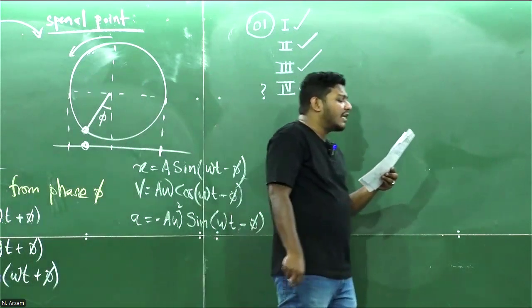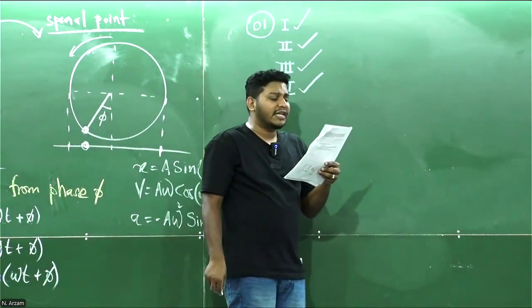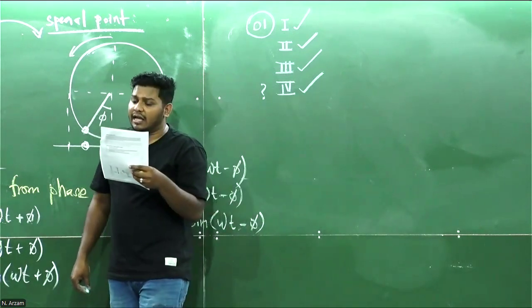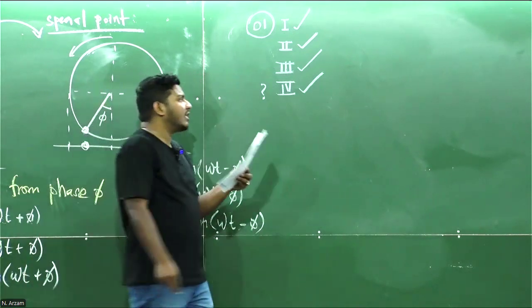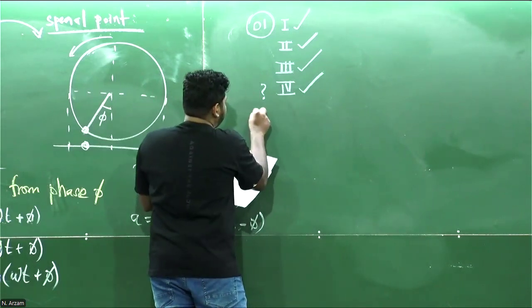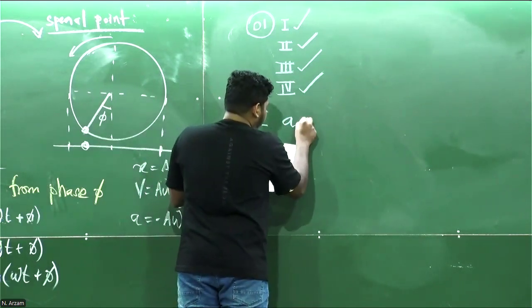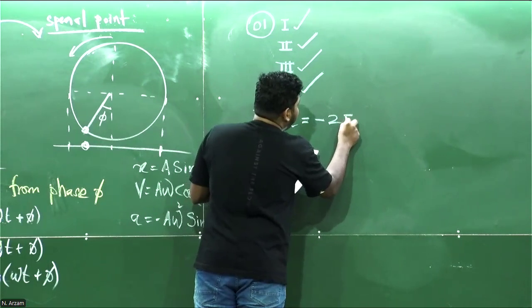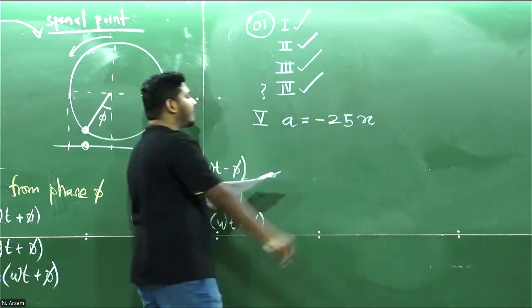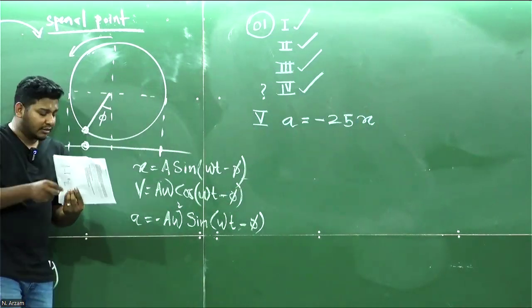Find the periodic time and frequency of a motion which has the characteristic equation a is equal to minus 25x. This is very important.